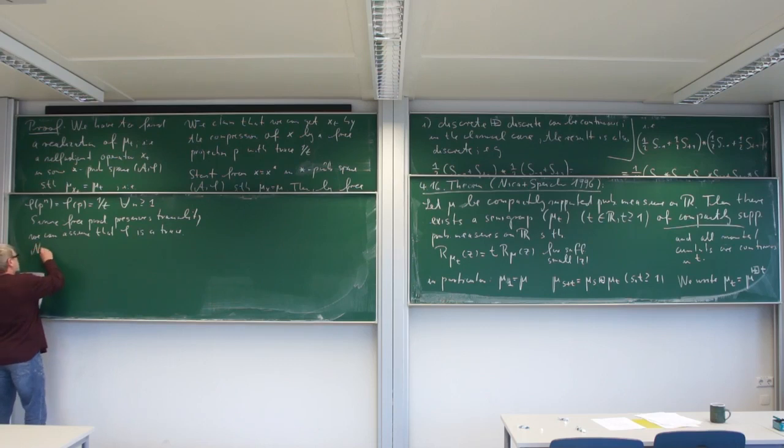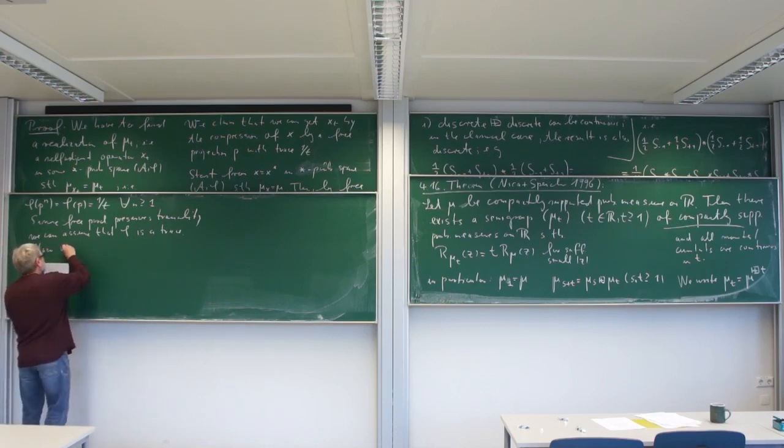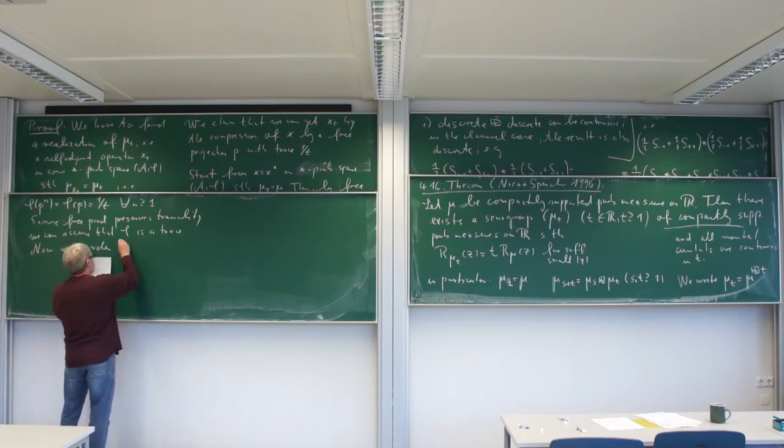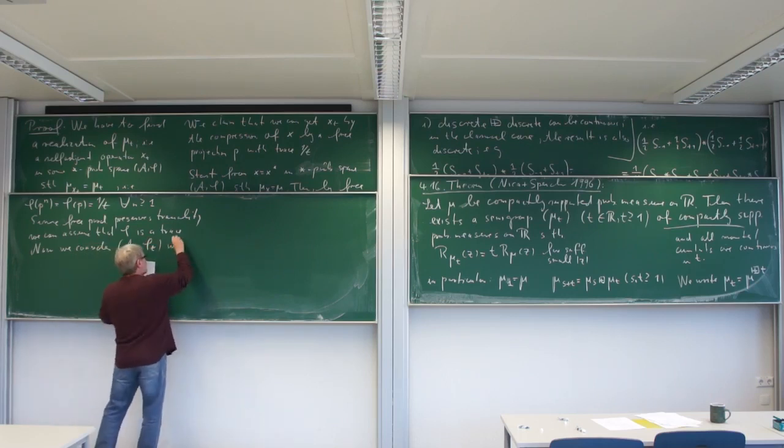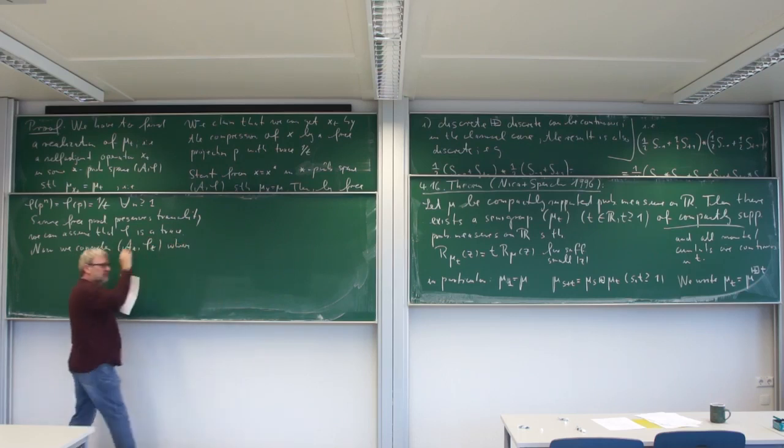So I'm changing my probability space. Now we consider a probability space which depends on T, but of course is constructed from the other one.